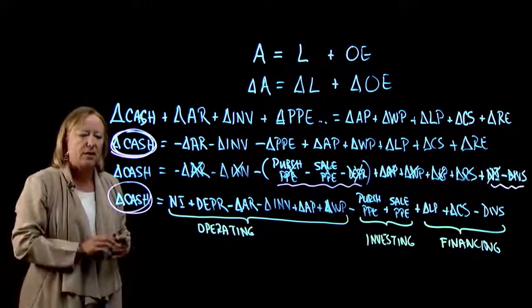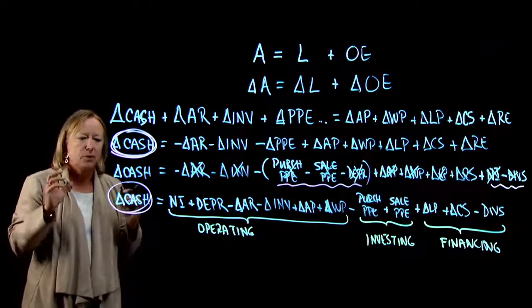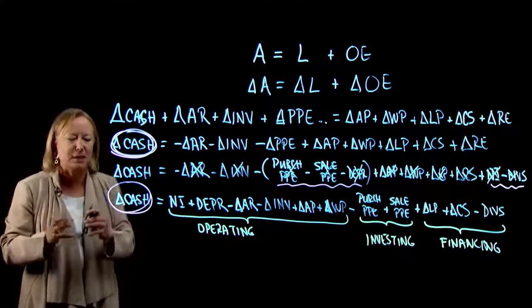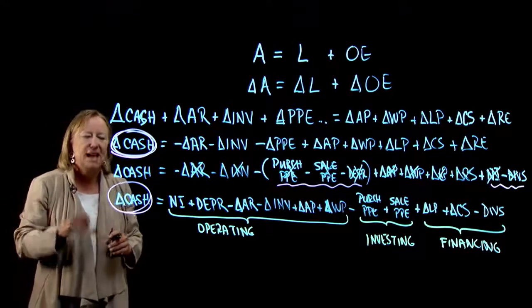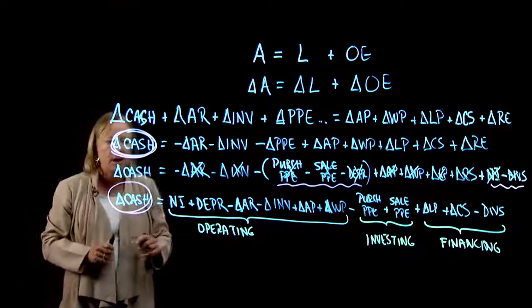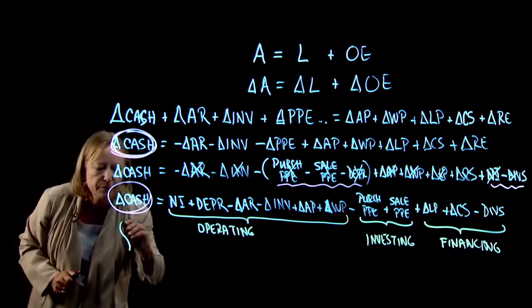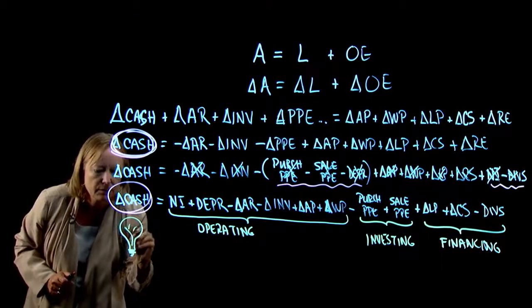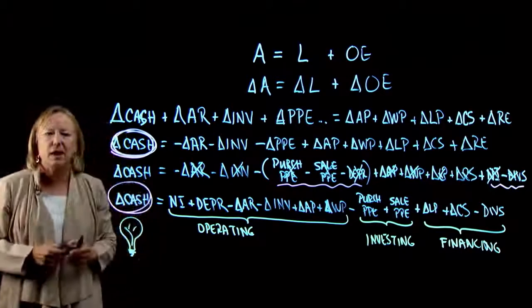So at this point, I think what we see is we can explain the change in cash if we have a beginning balance sheet and an ending balance sheet and just a little bit more information. Hopefully the light bulb turned on.